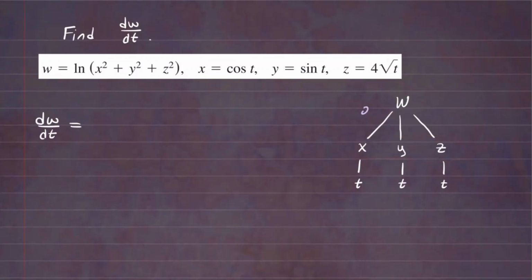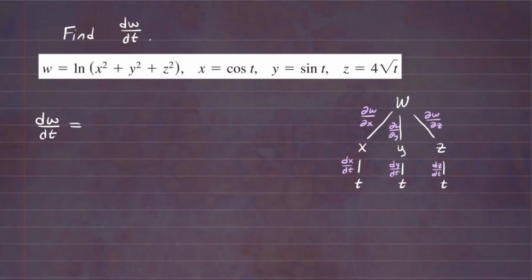So we will have partial w with respect to x, and this path will be partial w with respect to y, and this will be partial w with respect to z. Now the next paths, these 3, they're going to be just regular derivatives since now our x, y, and z depend on a single variable. So we just write dx dt. Here we have dy dt. Here we have dz dt.